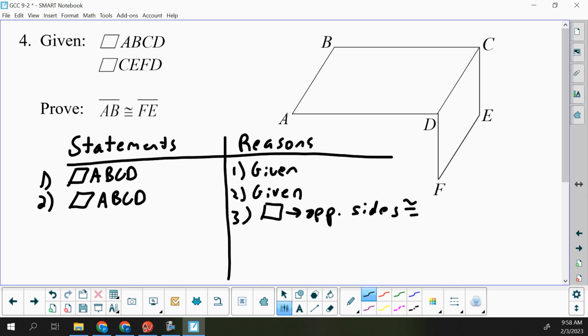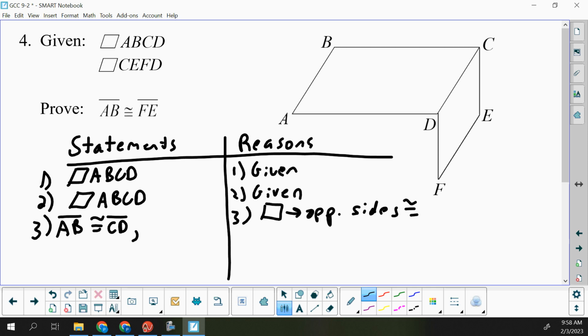So in that bigger parallelogram there's 2 sets of opposite sides congruent we can get. But we probably want to focus on the one with AB. So we can say that AB is congruent to its opposite side in that one, which is CD. And then let's do comma. In our other parallelogram, there's 2 sets of congruent sides we could get if we wanted.